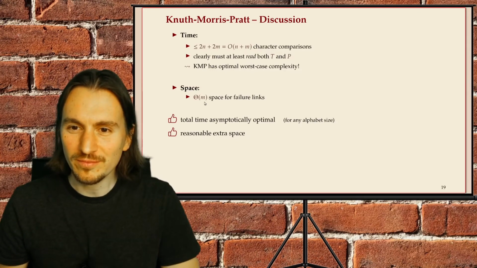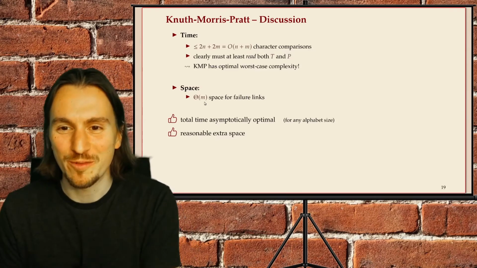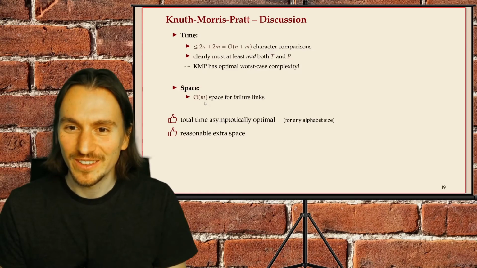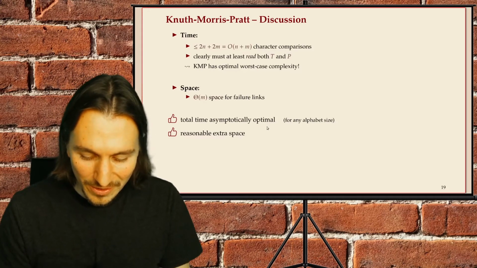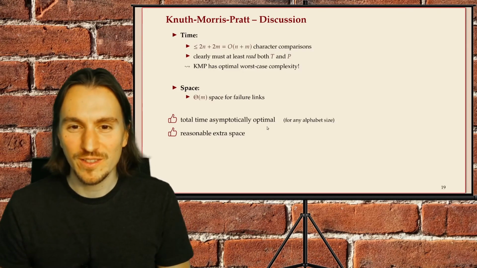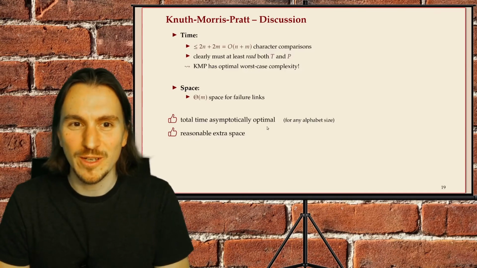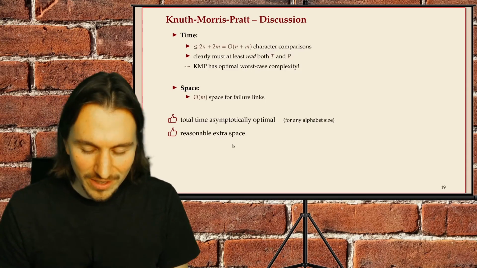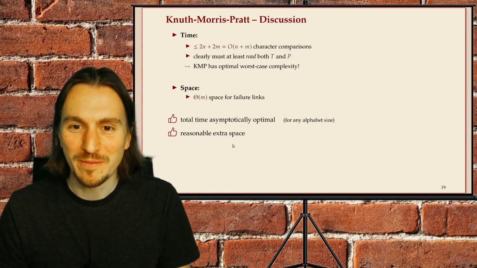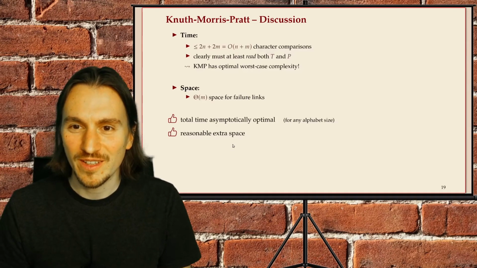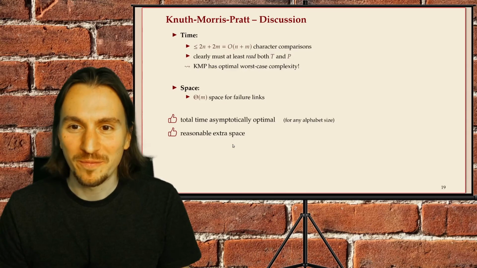But we'll see some further tricks later down in this unit. So the total time is asymptotically optimal in the worst case, and that's for any alphabet size. That's really important. And the space overhead is much better than for the DFA. That's the Knuth-Morris-Pratt algorithm.